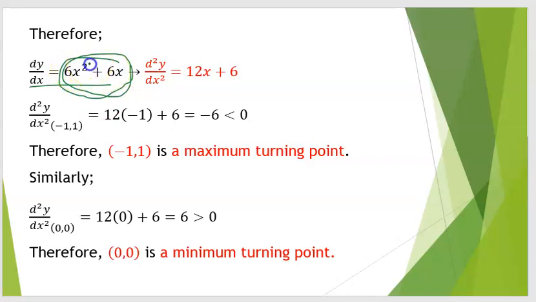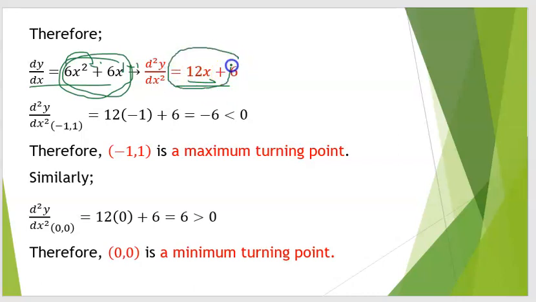Therefore, if we differentiate this, the 2 will go back to multiply with 6, and that gives you 12. Then you subtract 1 from the power, it remains x. Now here is power 1, you can subtract 1, so this goes to 0, and any number raised to 0 is 1, so 6 times 1 is 6. So the second differential, therefore, is 12x plus 6.